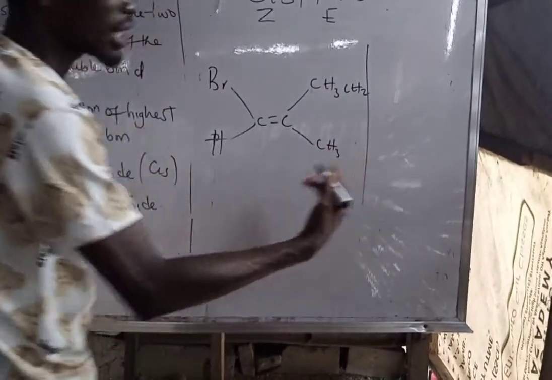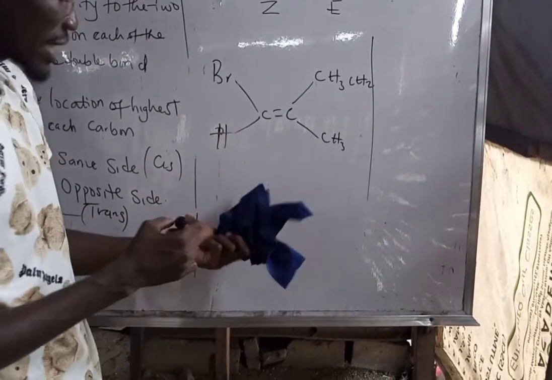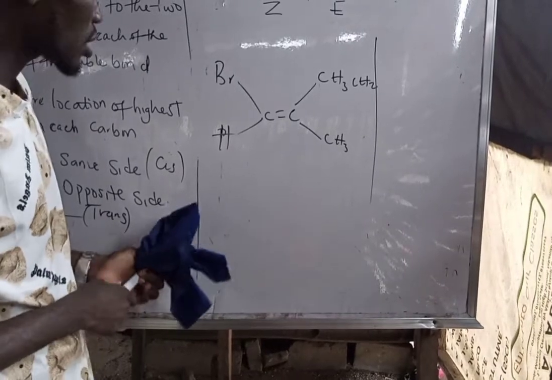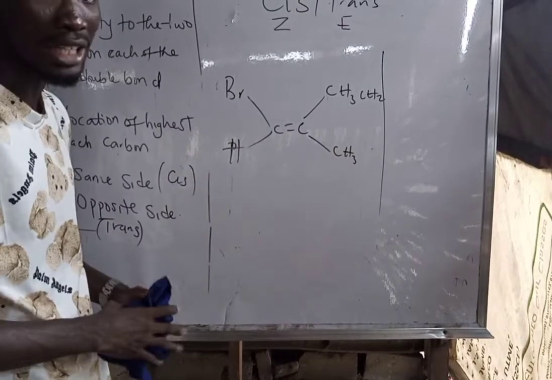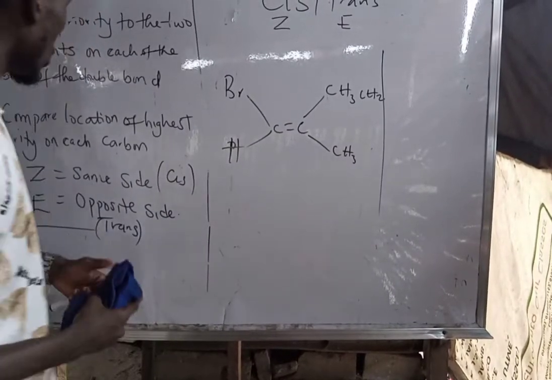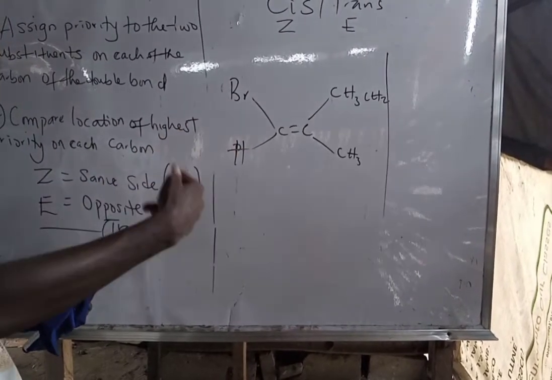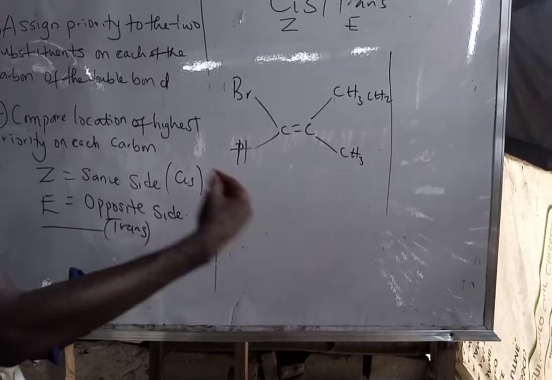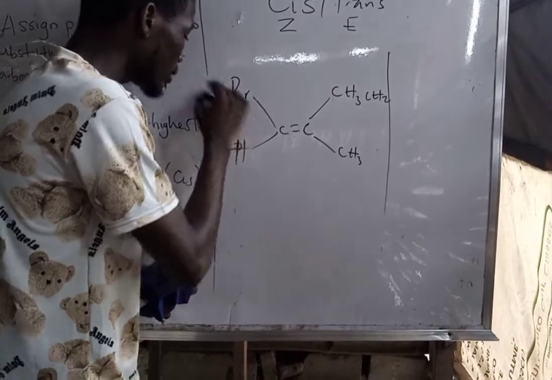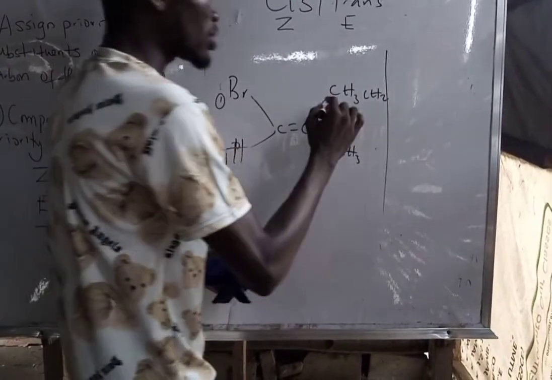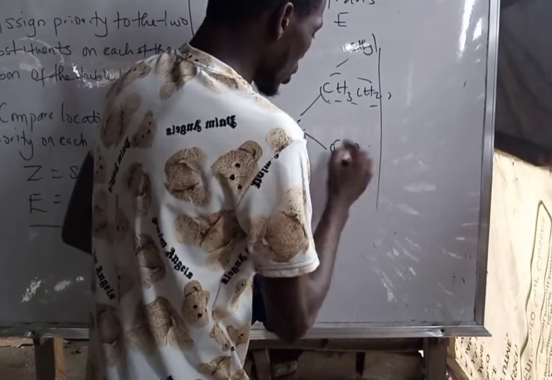A question like this, if you have to look at the one that has the highest priority, we all know that in the series of the halogens, bromine has higher priority than the hydrogen atom. Here we are going to look at the one that has the highest atomic number, to give a number to each of them. Bromine has a higher atomic number than hydrogen, so I will take this to be 1, and this one to be 2. Don't forget that this one is ethyl, and this one is methyl.